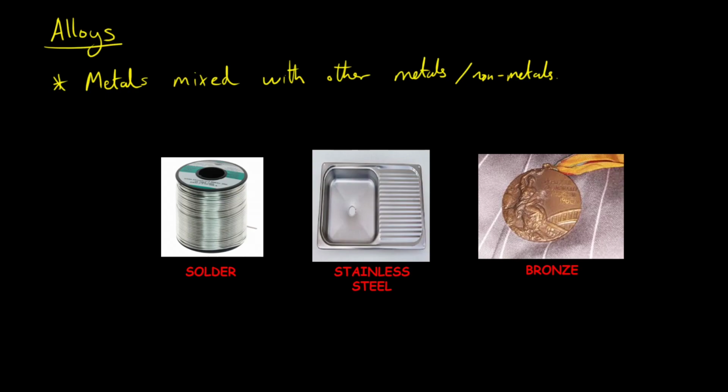The alloy bronze is normally a mixture of copper and some other lesser metals like tin and nickel, and essentially we're trying to replicate a precious metal. So instead of having to make coins out of gold and silver, we can replicate that style and feel of a precious metal without the expense. So without having to use gold coins and silver all the time, we can use cheaper, more available metals to facilitate this same use.